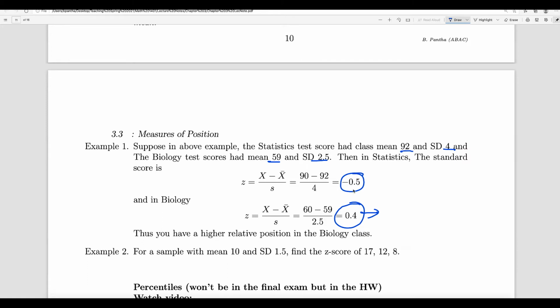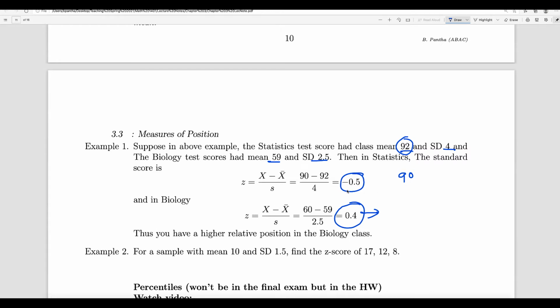What can we say about your score from here? You can say that your score of 90 is 0.5 standard deviation below the mean. That's right, because your score was 90 and the class average was 92. So what is the difference? It is 2, right? The difference of 2 is half of the standard deviation, and 90 is below that.